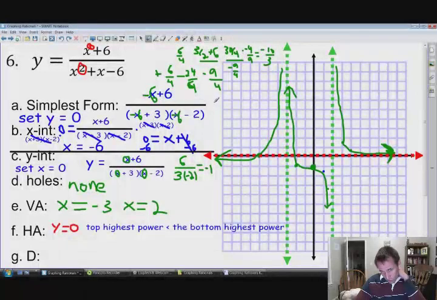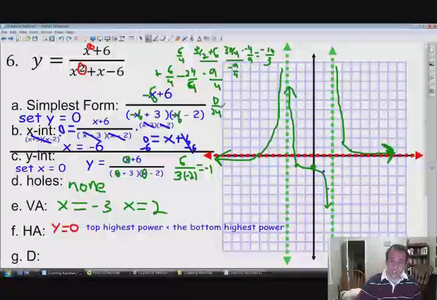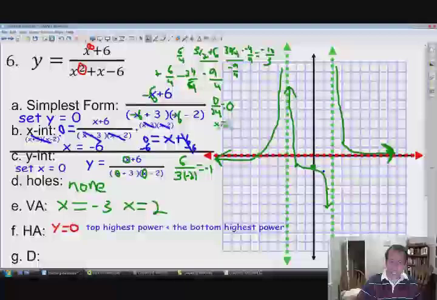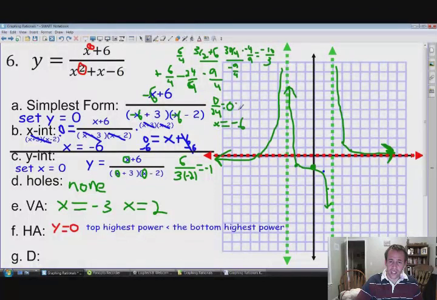But then we just have 0 on the top, so it doesn't matter that it's positive 24 on the bottom, because 0 over 24 is 0. So when x equals -6, we get y equals 0, and that's right there. So it does cross through.